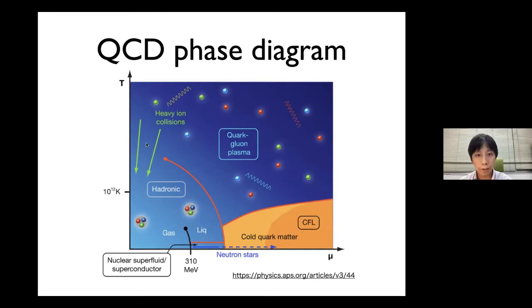There are several characteristic phases, such as the hadron phase, where quarks are confined into hadrons. The quark-gluon plasma phase at high temperature, where quarks and gluons are liberated from hadrons due to thermal fluctuations. And also the color superconducting phase at high density, which is a superconducting phase of quarks.